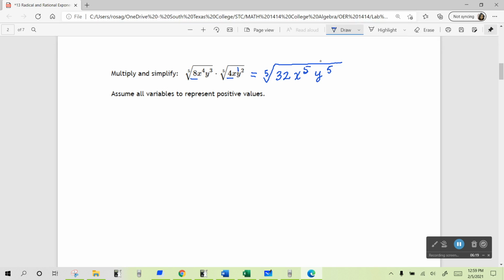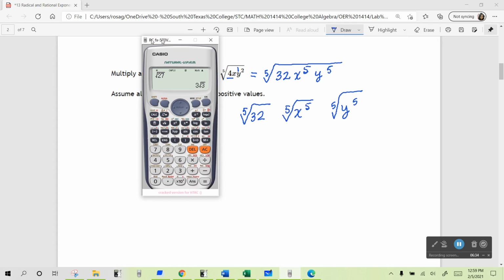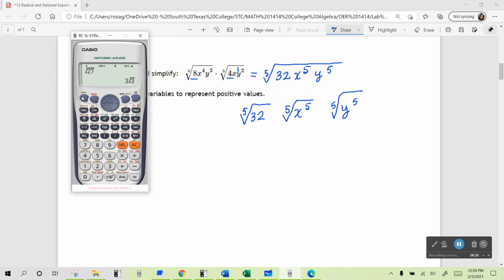The calculator, if you want it, so you're doing each of them separate, remember? So you can still put the numbers in the Casio. To get the 5th root, you do shift and this one right here, and you get something like that.